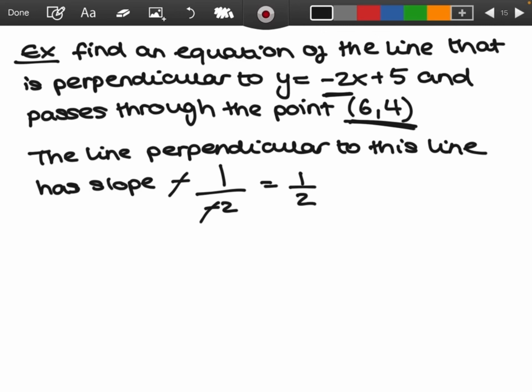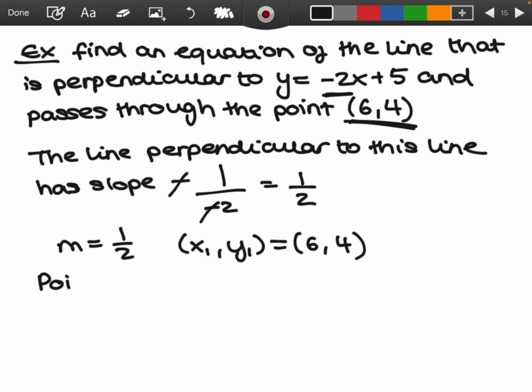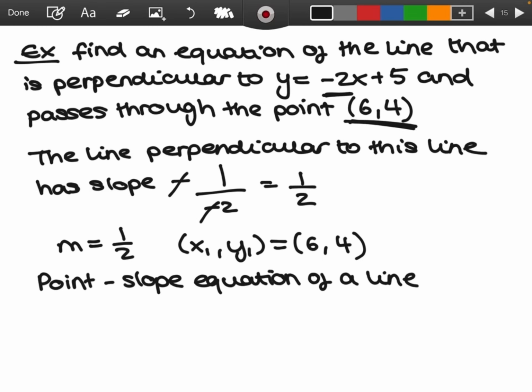This then turns into the exact same example that we had when we were looking at the point slope equation of a line. I have my slope and I have a point, so I can go ahead and find the equation of the line. I know that m is equal to 1/2, and I've got this particular point that lies on the line, (6, 4). So I'm going to use my point slope equation: y minus y sub 1, which is 4, is equal to m multiplied by x minus x sub 1, which is 6.